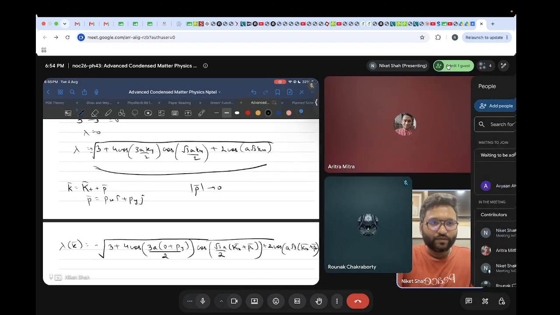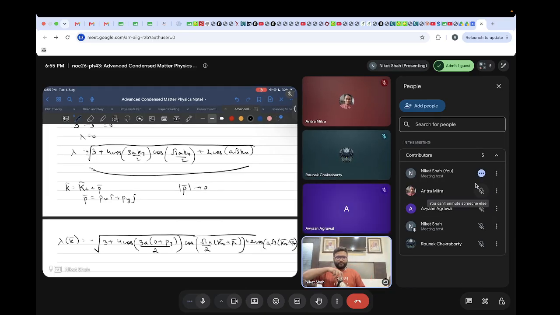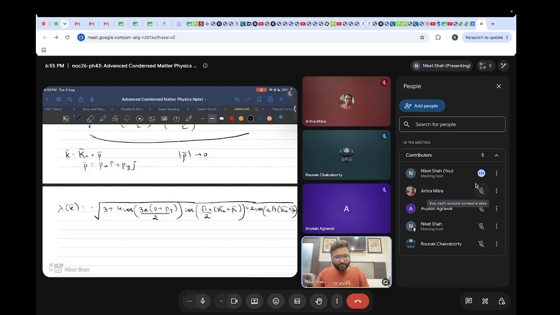Okay, this is your expansion around k plus. You can do a similar thing around k minus as well, but I'm doing it around k plus.